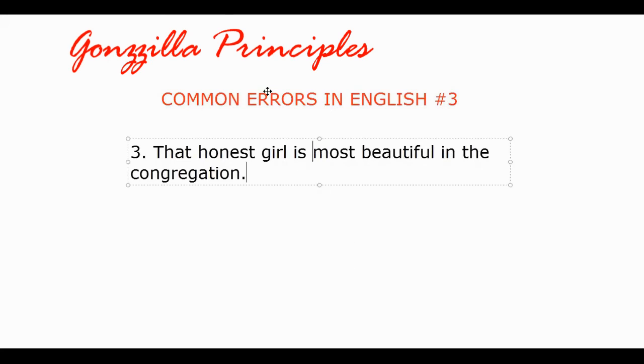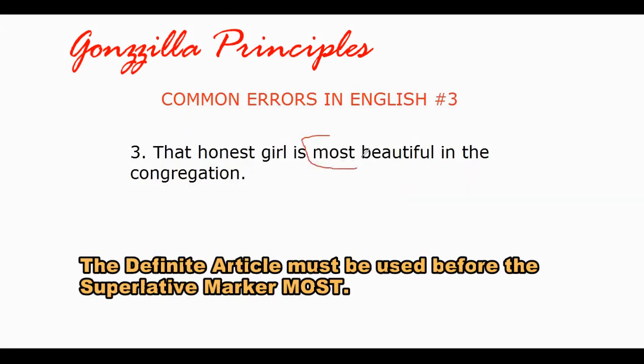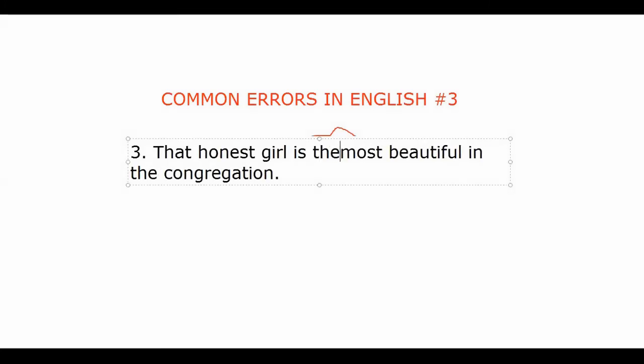The rule is once I have most as a superlative marker, which is the highest degree you can have in a degree of adjectives, you must have it preceded by the definite article the. To make this sentence complete, I would adjust it by adding the definite article: that girl is the most beautiful in the congregation.